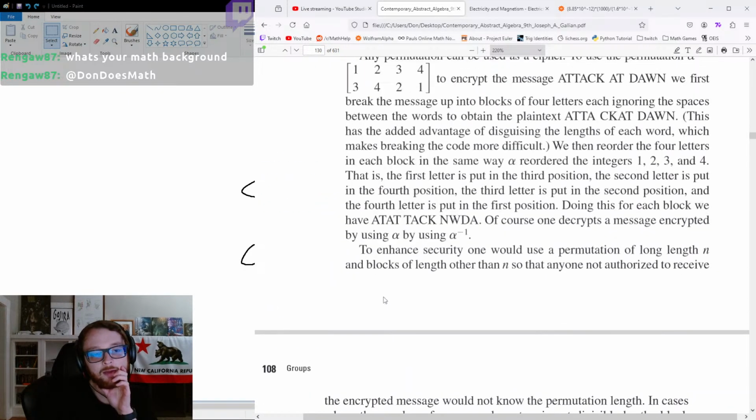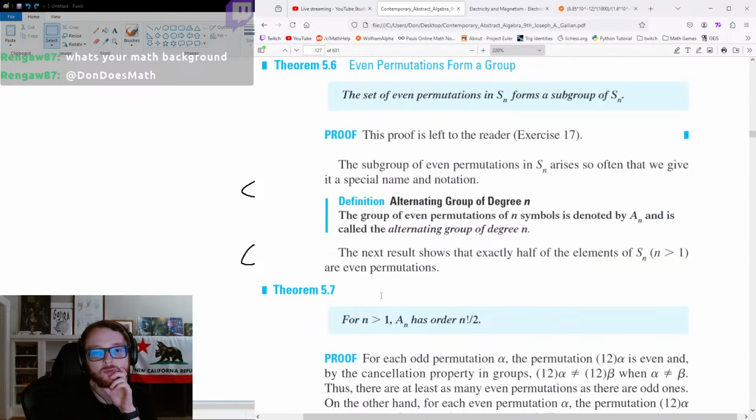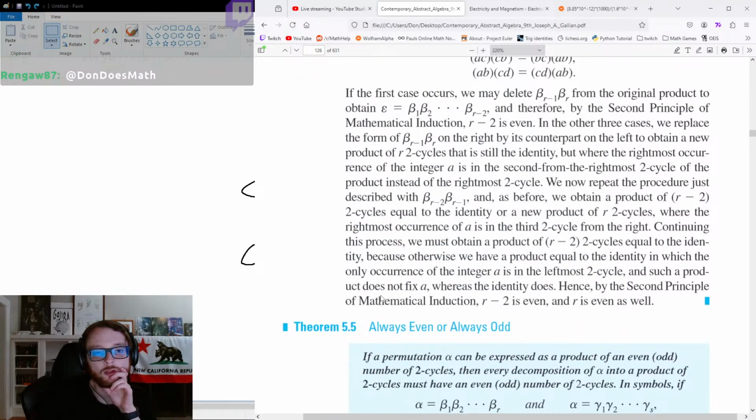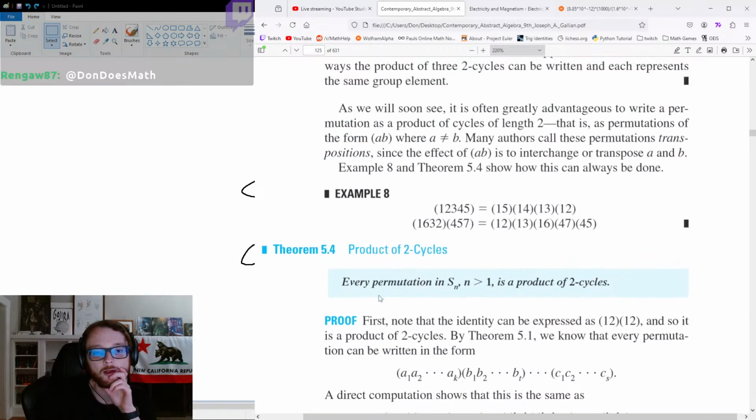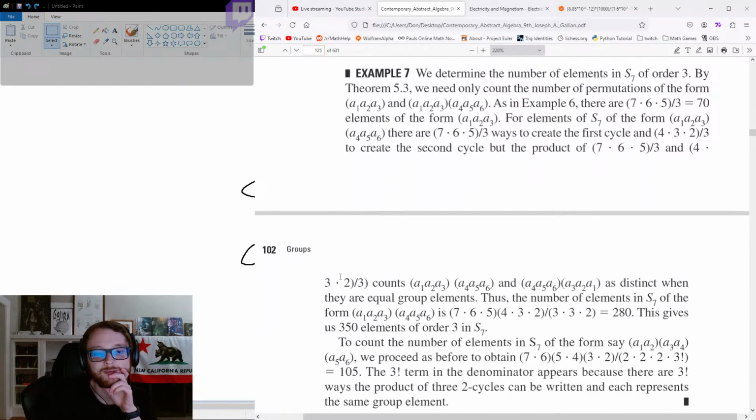My math background, I have a bachelor's in applied math. And I specifically avoided, as part of my degree, any type of proof class. I couldn't get out of discrete math, but I avoided number theory like the plague, abstract algebra, topology, stuff like that.